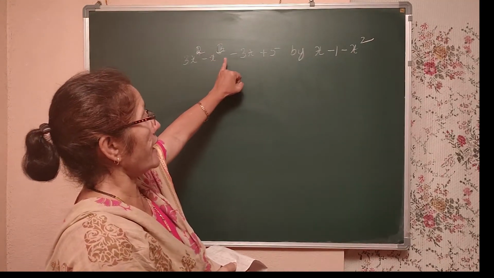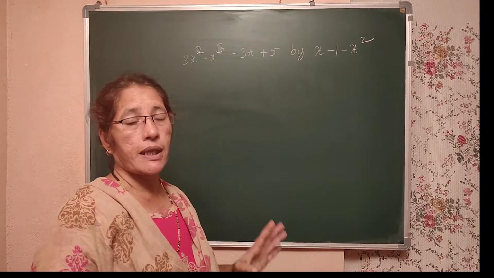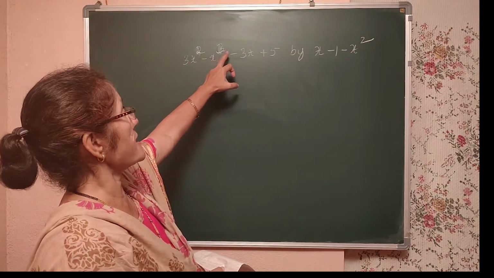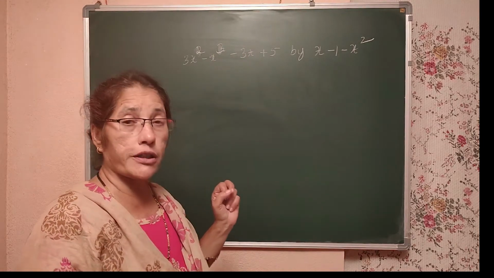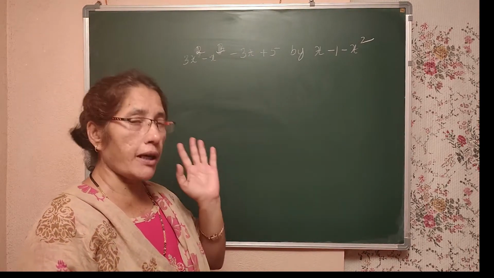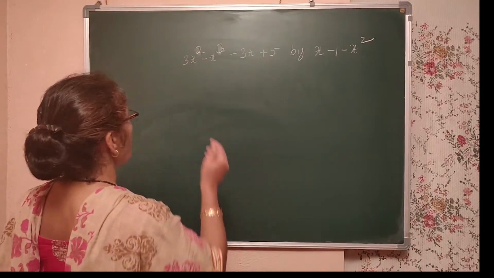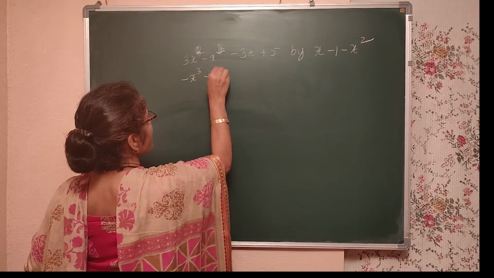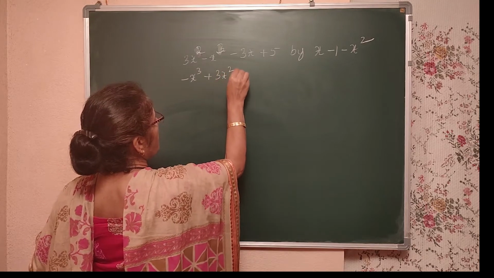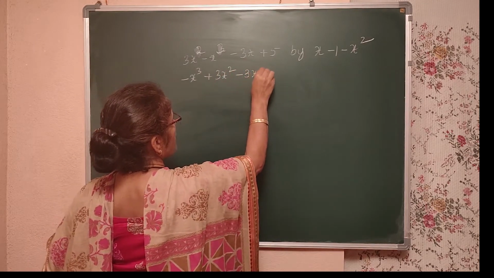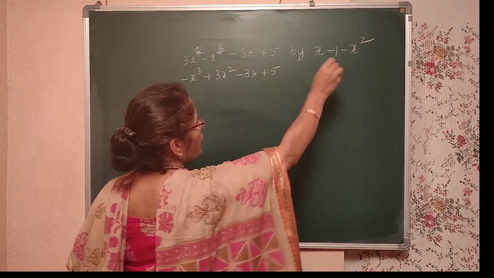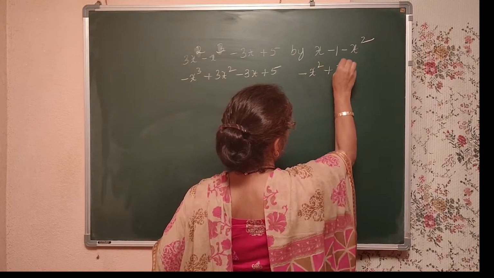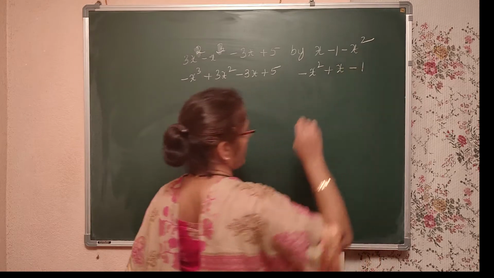So this is dividend, this is divisor. Is the order of powers of x, are they in order? No. So we'll write down in order. Minus x cube plus 3x square minus 3x plus 5. And the divisor: minus x square plus x minus 1.